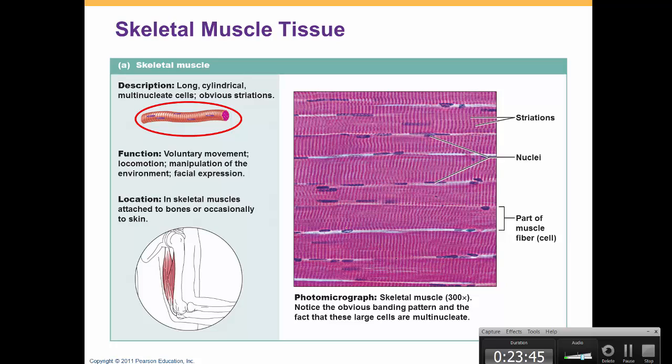So if we go to this picture, I see muscle cells here, or muscle fibers, and every one of them has more than one nucleus, and all muscle fibers here are striated, and these striations are made of the functional unit of the skeletal muscle, which is called the sarcomere. You will cover this more in physiology.